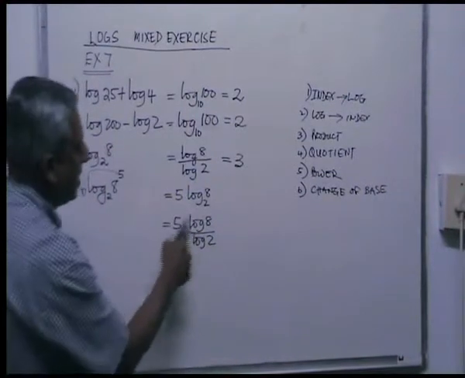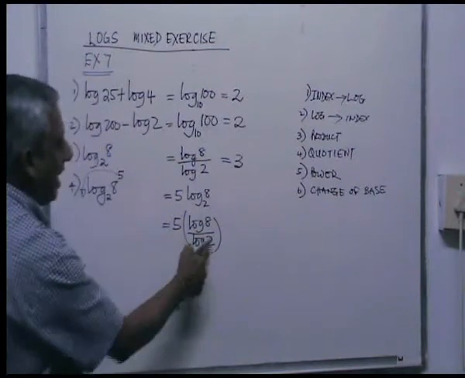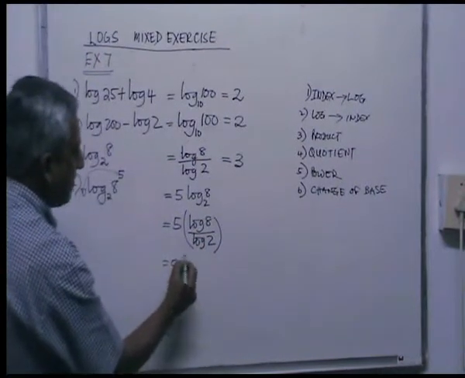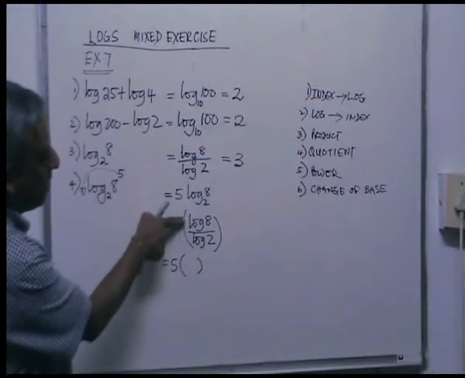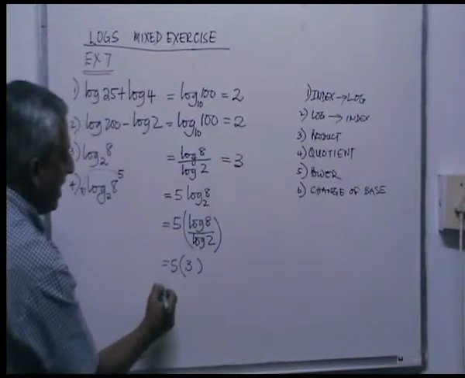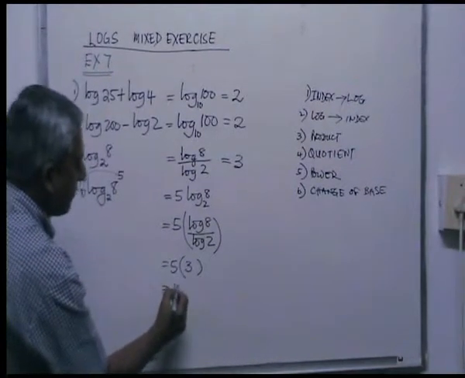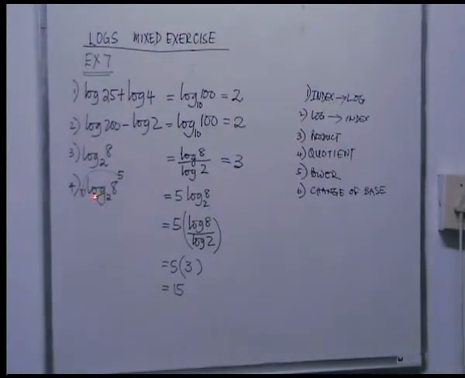Now what's happening between these two? Well, actually it is 5 times that. So it will be 5 times that answer. So you put that in the calculator. Log 8 divided by log 2, you get the answer 3. And then it's simple multiplication. 5 3s, 15. So in this example, in number 4, you're using 2 laws.